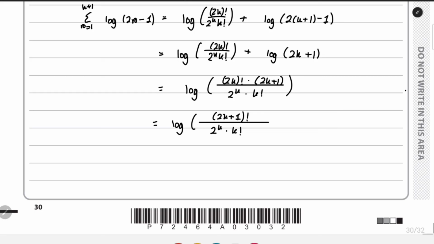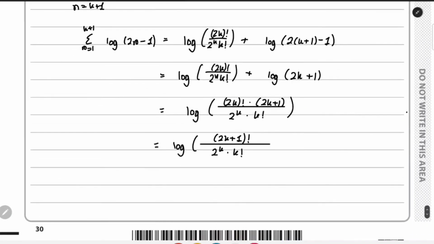Now to show that the equation is valid for k plus 1, we must have something where we have 2k plus 1 and the factorial of this divided by 2 to the power k plus 1 times k plus 1 factorial. Now if I look at the top, I have 2k plus 1 factorial.